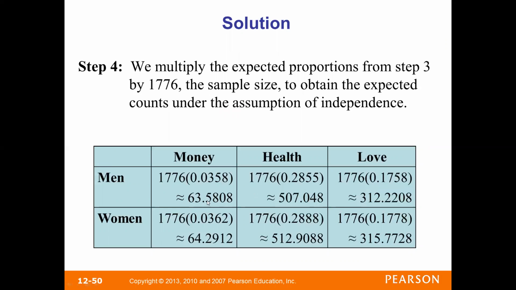It's about 63.6 and 64.29 and so on. So we would get these values by multiplying the column total by the row total and dividing by the overall total. That is equivalent to the relative frequency of the column times the relative frequency of the row times the total number of observations.